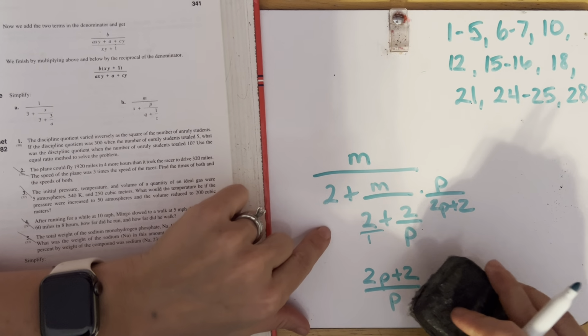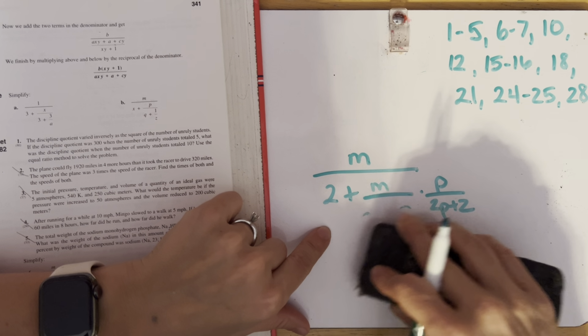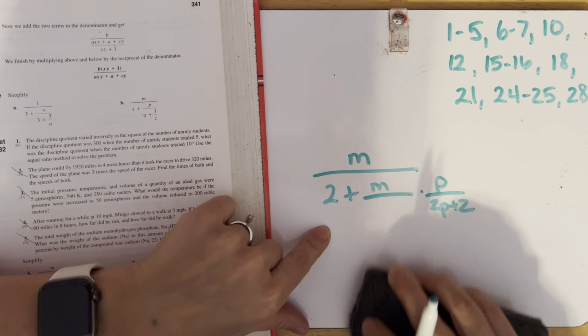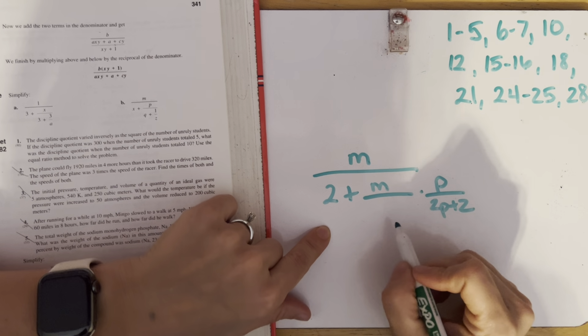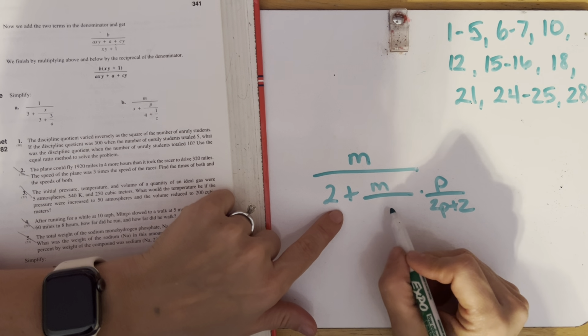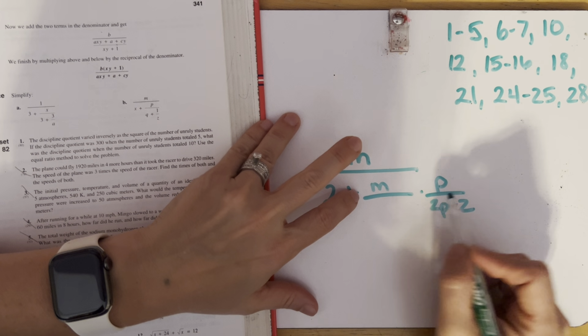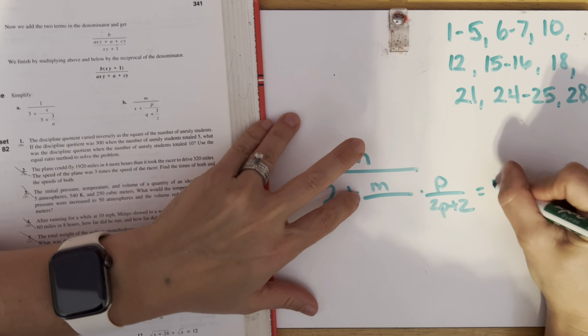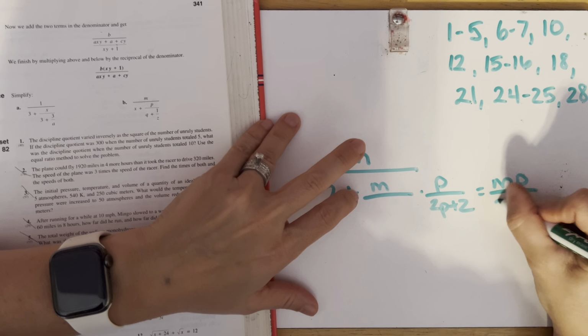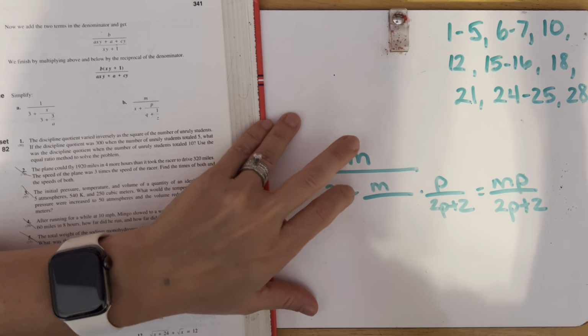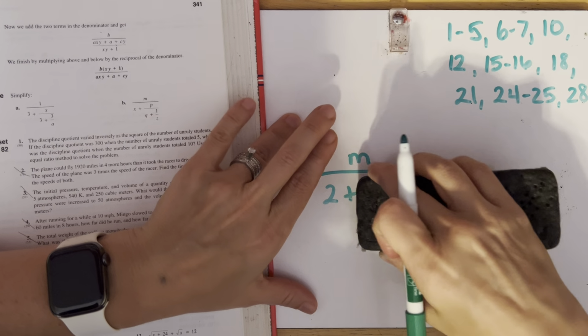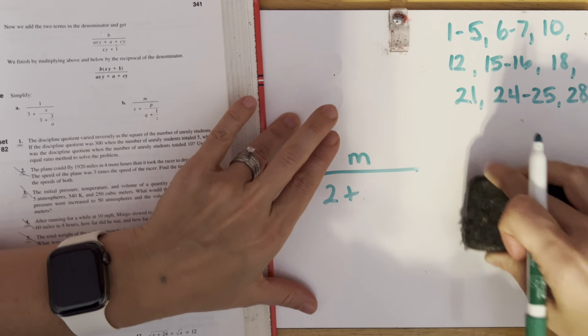for this next fraction. So I'm going to kind of erase some of the things that I've done as we work this up. Okay, so now 2 plus, I'm going to take this m, forget the 2 so far, m times p, so mp over 2p plus 2. Okay, I've already dealt with this.